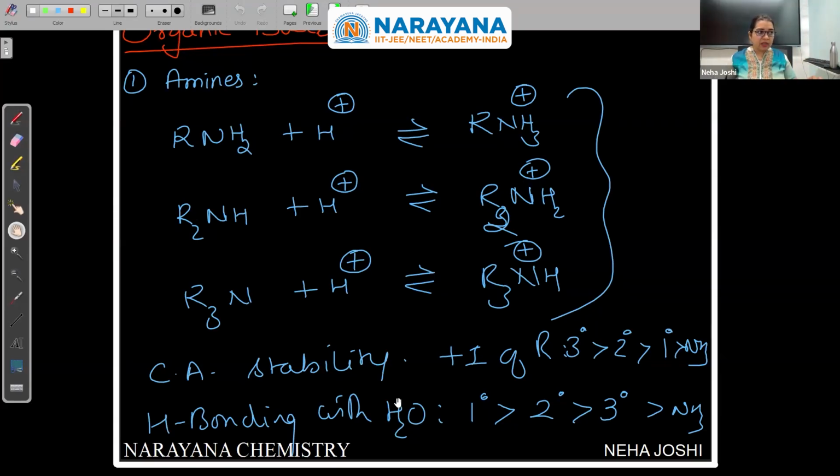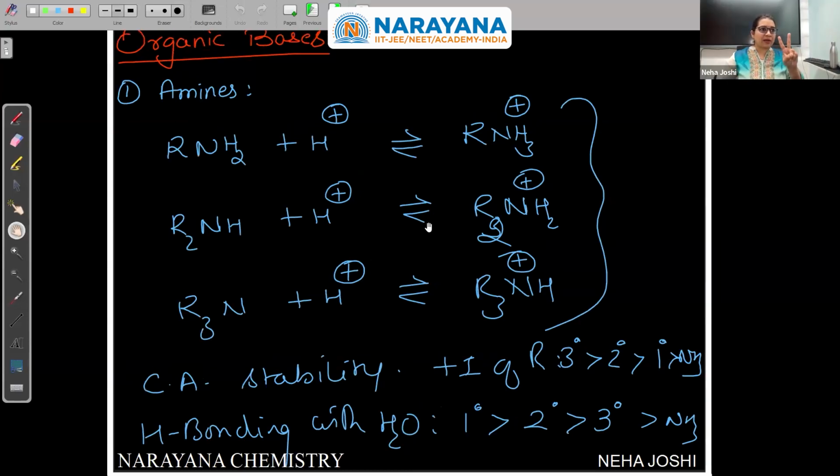Whereas in water, this cannot be the sole factor for stabilizing the conjugate acid. Then what factor will come into scene? The solvent effect. If I talk of water, these amines have two parts.